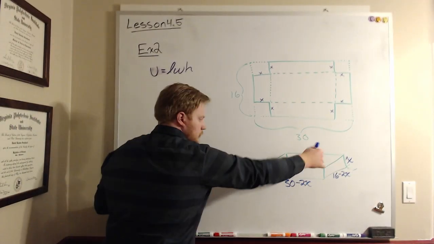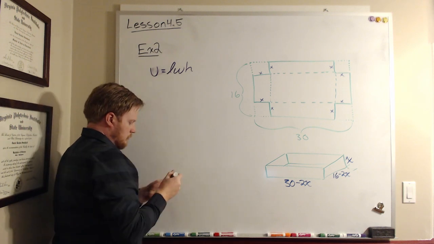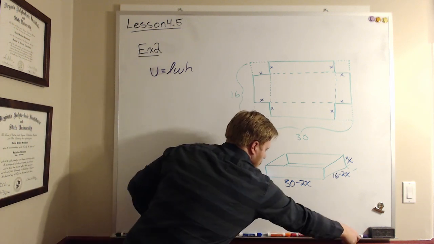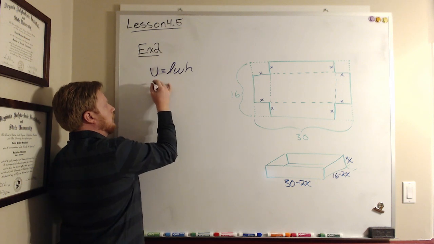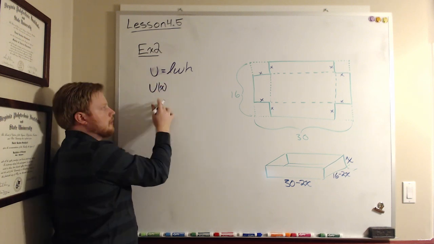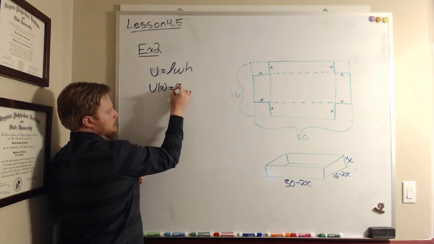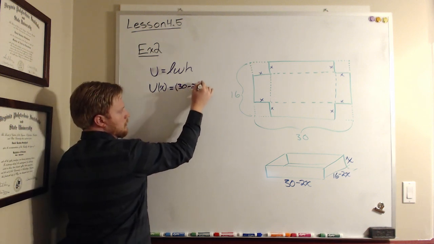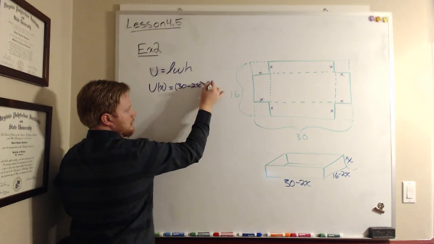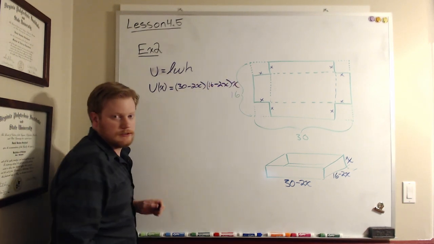So now I can substitute those values in for length, width, and height. So see, volume is now a function of a single variable x. The length was 30 minus 2x. The width is 16 minus 2x, and the height is x.